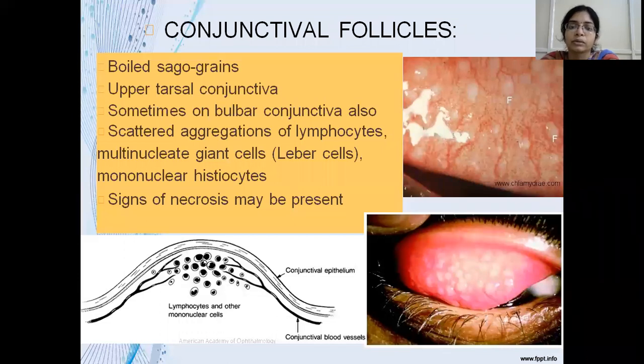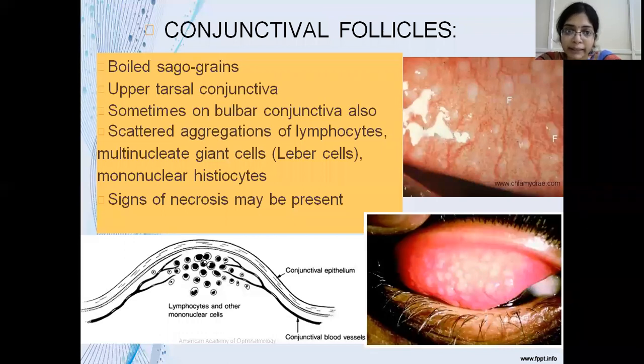Okay. Now, look at this black and white picture at the bottom. Now, this black and white picture typically shows what a follicle is made up of. So, you can plainly divide this follicle into three parts: the central core area, surrounded by a cortical area, and the most peripheral area. So the central or the core area typically contains three types of cells.